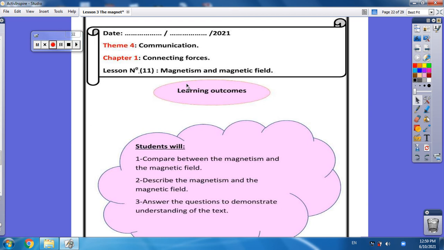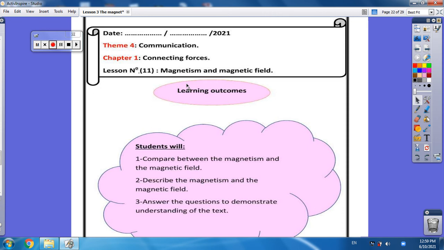Today, inshallah, we talk about the last lesson in our science curriculum: magnetism and the magnetic field. In the last session, we also talked about magnets. Today, we learn more about magnets.